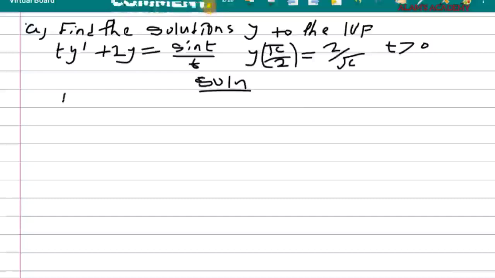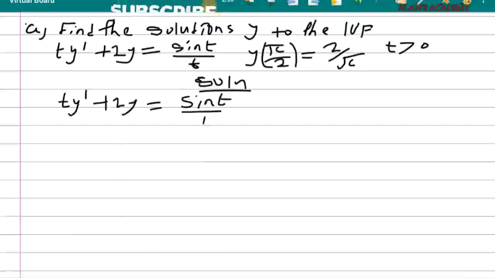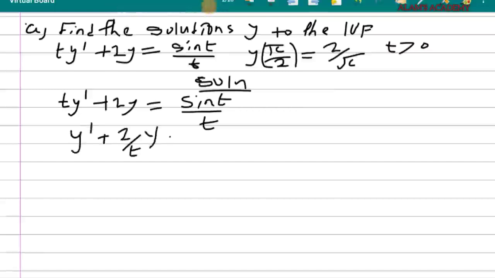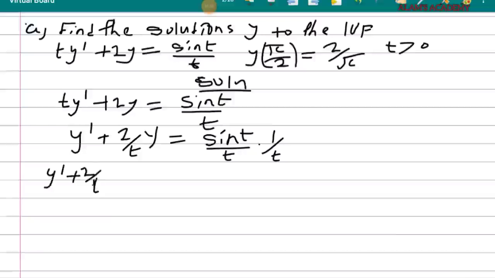Now we have t y prime plus 2y equal to sine of t all over t. Divide through by t, you have y prime plus 2 over t times y equal to sine t over t multiplied by 1 over t, that's the one we are dividing by, which means that we have y prime plus 2 over t y to be equal to sine of t over t squared.